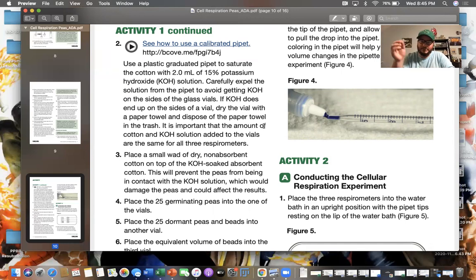And if you can't reach the bottom, you can make sure that it sits at the bottom by just using the blunt end of one of these. Okay, that down. That's two. That's three.